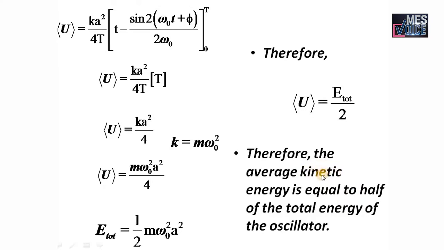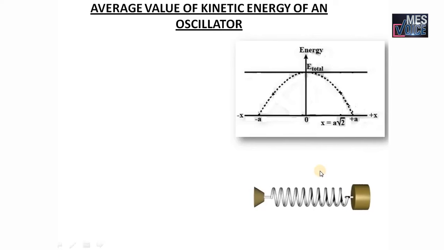Keep in mind. And the same way, you can also find the average value of kinetic energy, because in the energy graph, potential energy is maximum at the extreme position, and potential energy goes to 0 at the mean or equilibrium position.